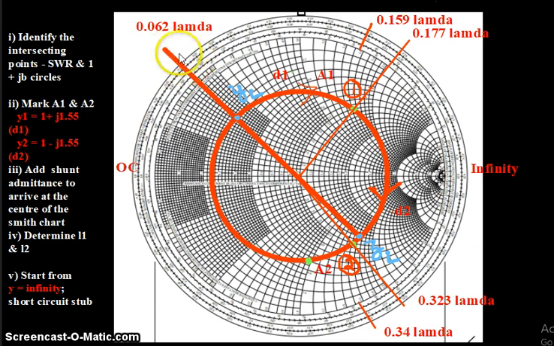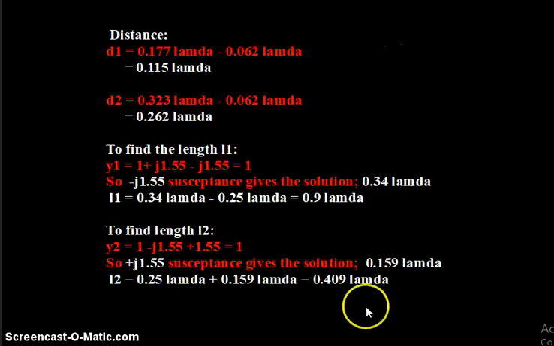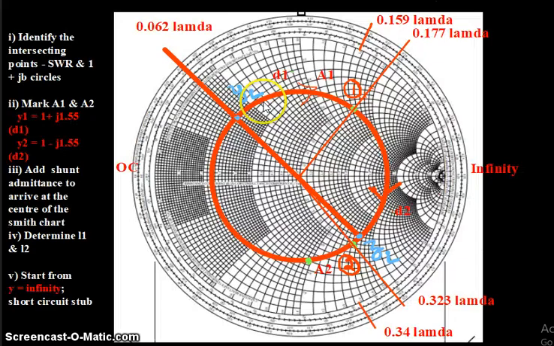So the distance between YL and 0.177 lambda gives 0.115 lambda, and the distance from 0.062 lambda to 0.323 lambda is equal to 0.262 lambda.